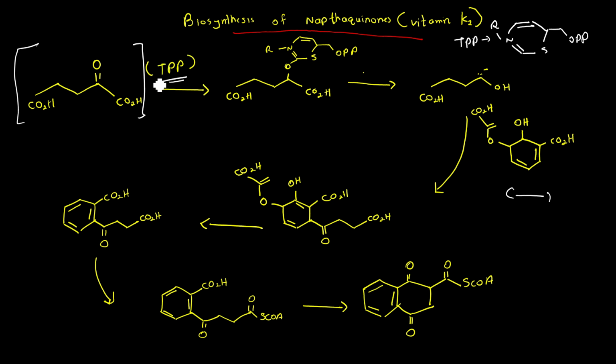When we introduce the TPP to our original molecule, it will bind to the molecule like this, so we have this structure. In the next step we are going to do the decarboxylation.